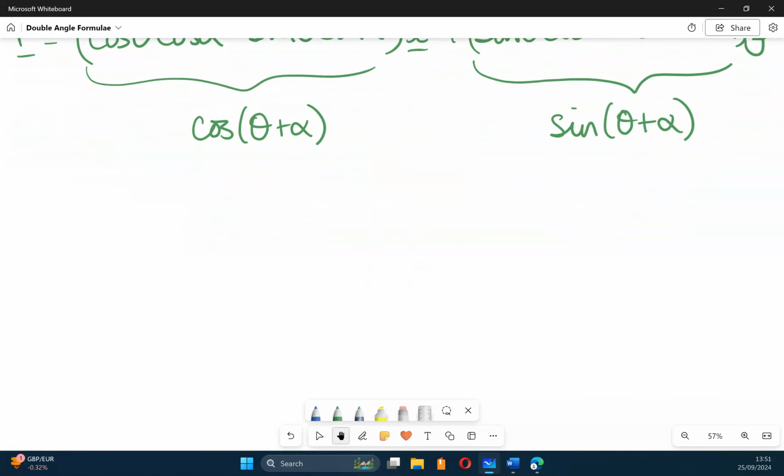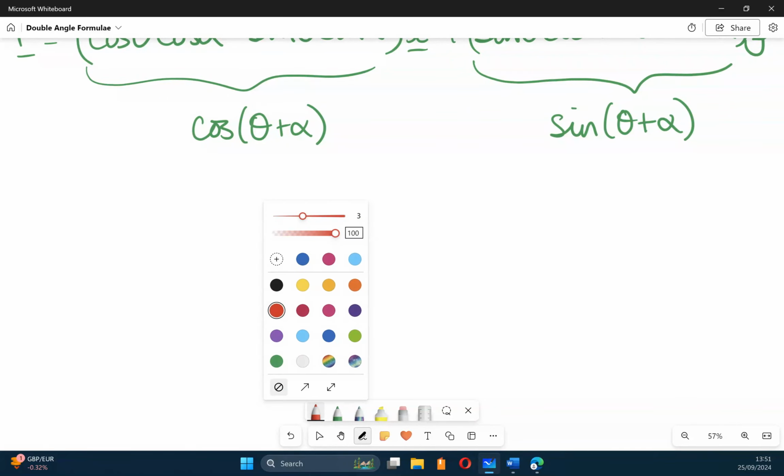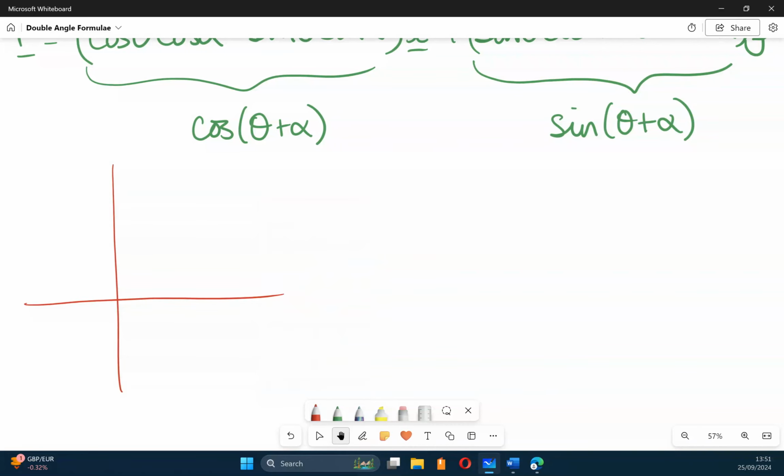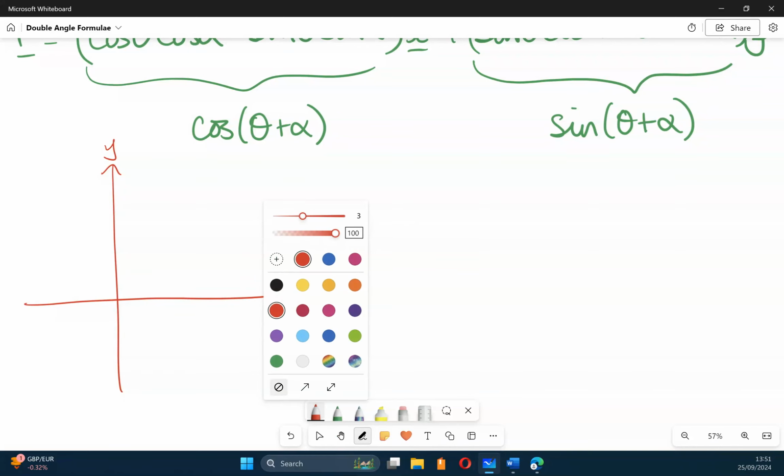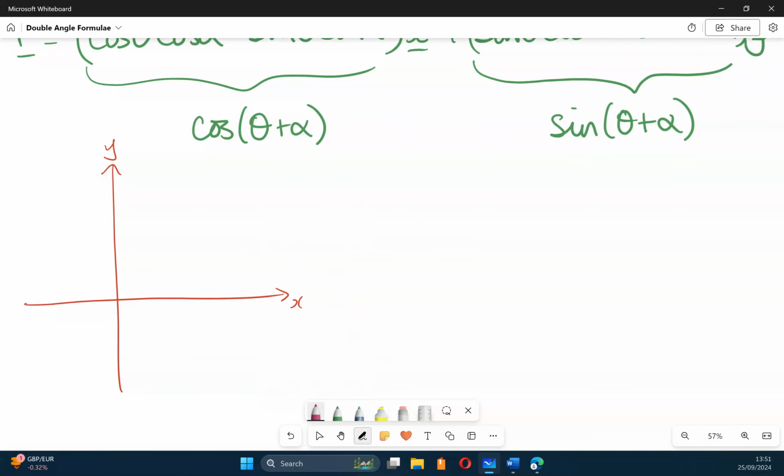Now let's have a look at, we could do this for theta minus alpha. So what we could do is write our axes again like so. So we have y, we have x, and then we have y prime, x prime.